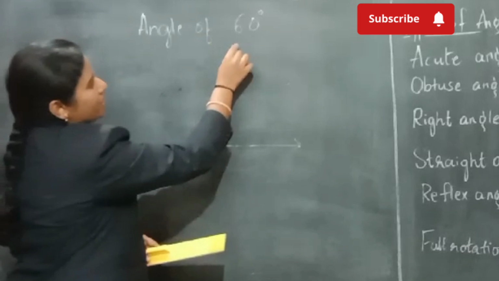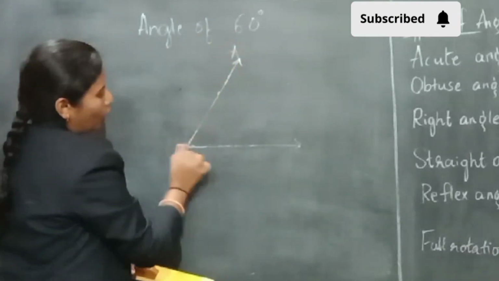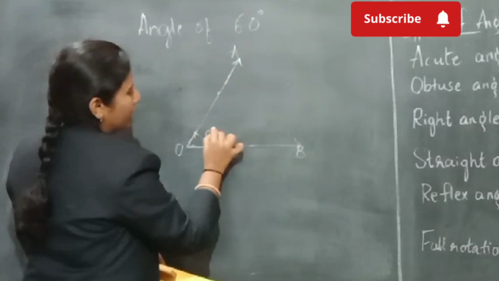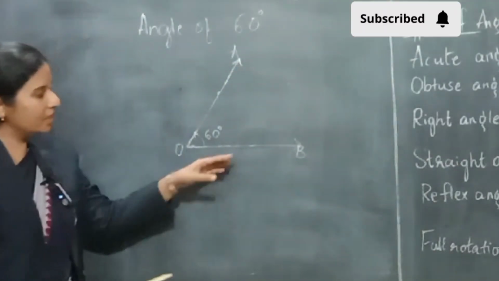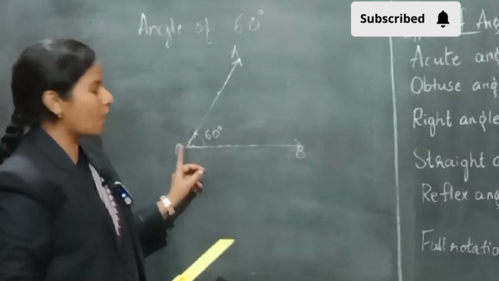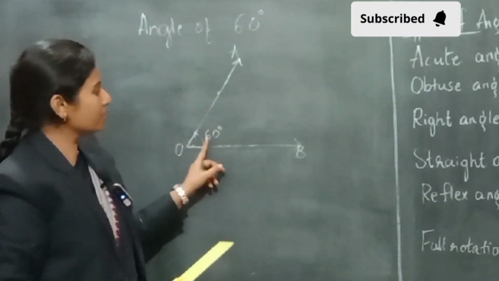I will name this angle as AOB, and this is a 60-degree angle. These are called the two arms of the angle. This is the vertex or node of the angle which measures 60 degree.